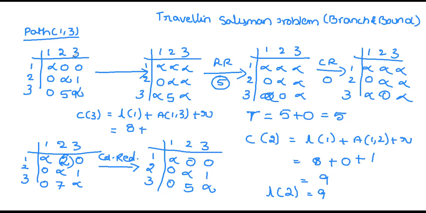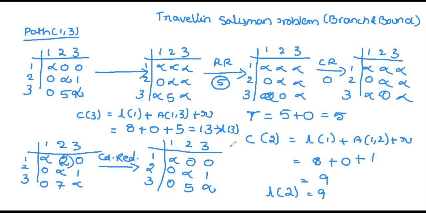This is A of 1 comma 3, first row, third column, which will be 0, and the row reduction is 5. So a total of 13 is there. This is considered the lower bound of 3. So this is the way of calculating lower bounds.